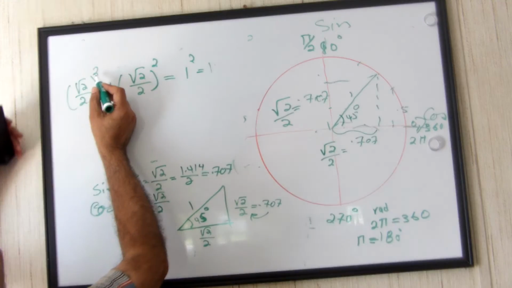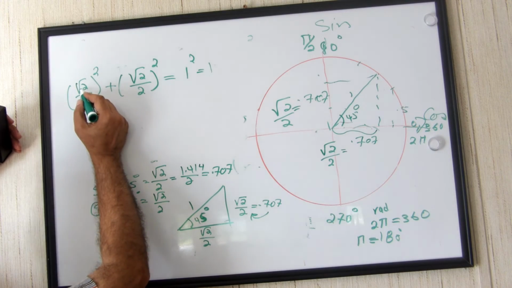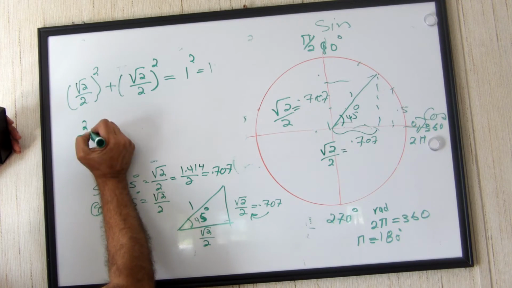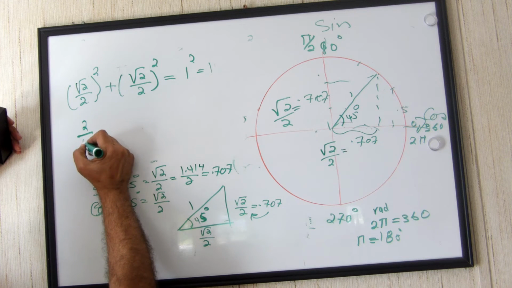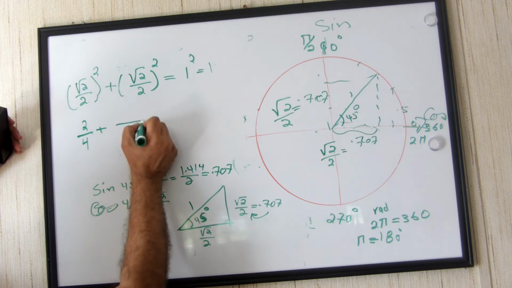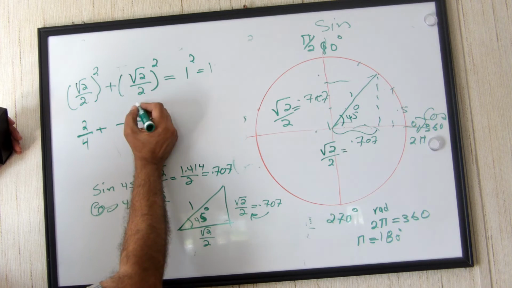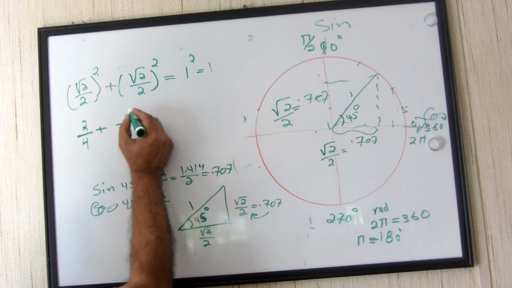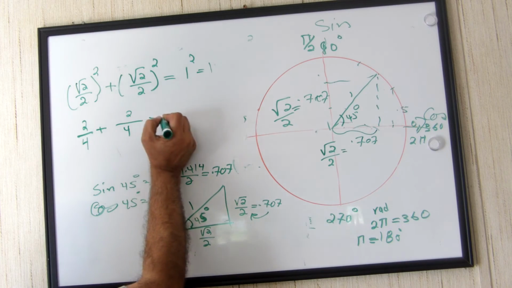Okay, we know that if we raise the square root of 2 to the power of 2, it's going to be 2, and 2 to the power of 2 is going to be 4, plus the same thing because they are the same, and this is going to be 2 over 4 plus 2 over 4, equal to 1.